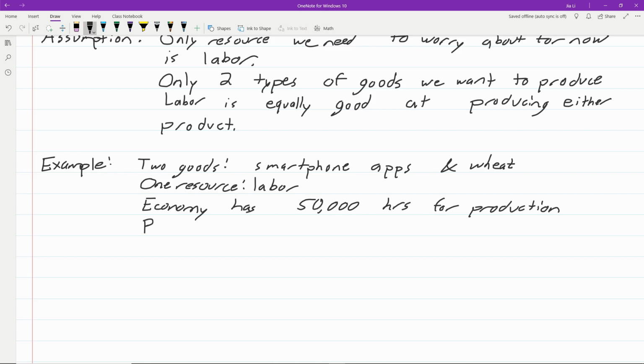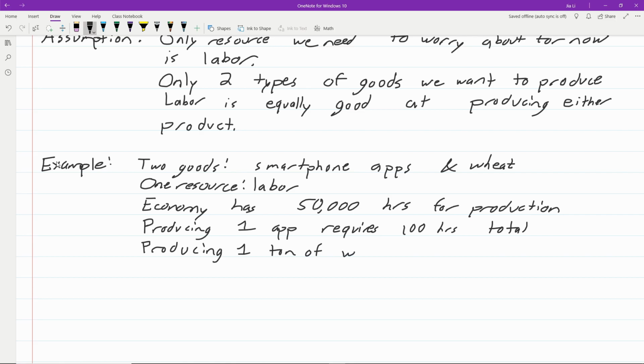Okay, and producing one app requires 100 hours total. And producing 1 ton of wheat requires 10 hours total.